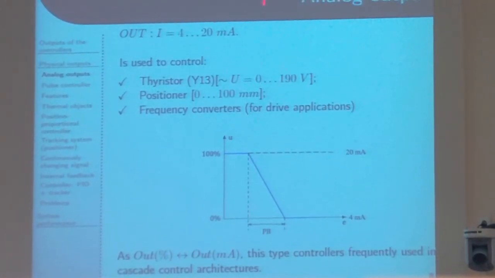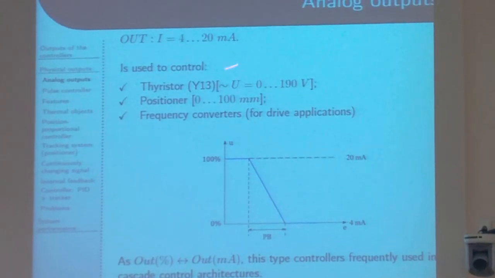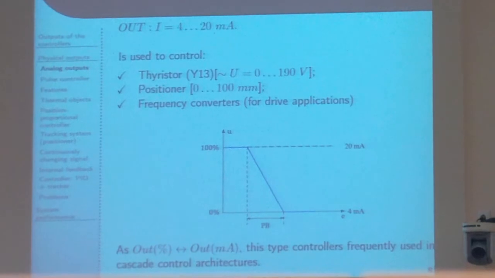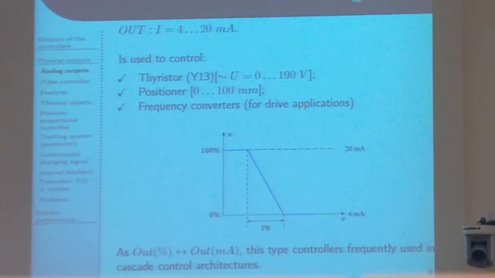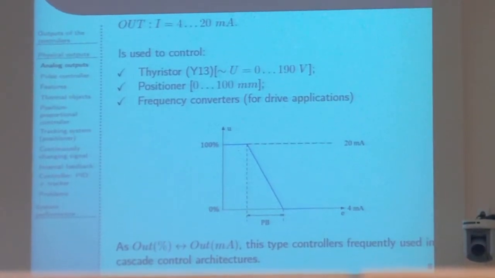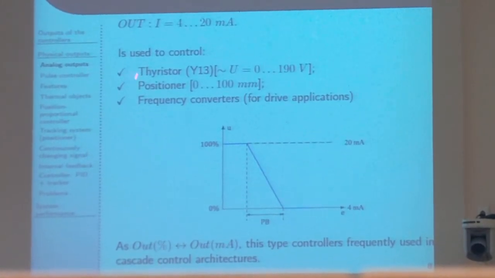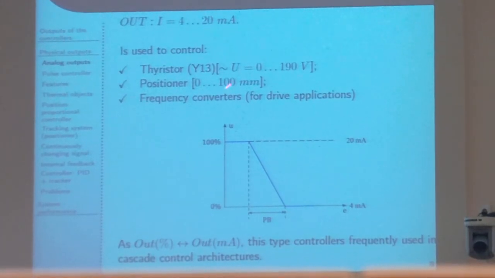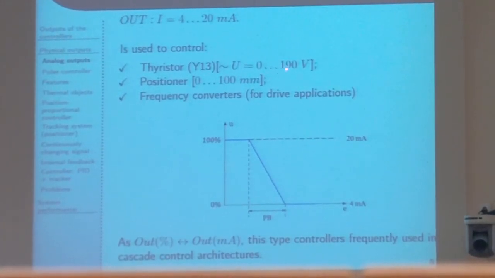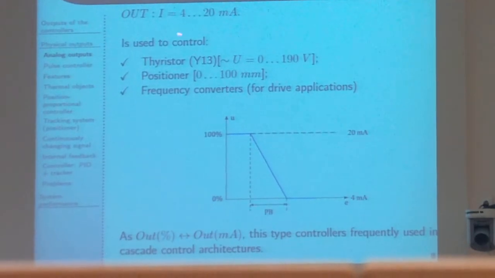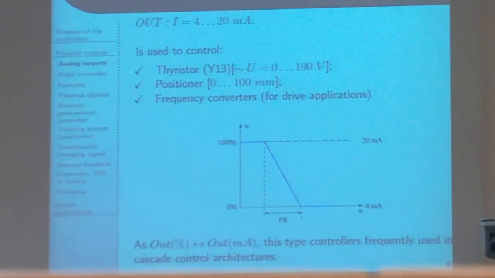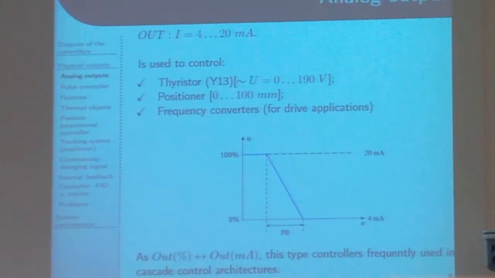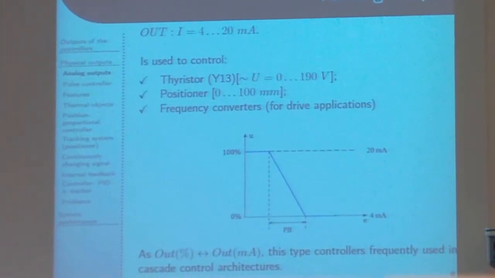In that case we can use such an output to control different types of actuators. For example, in our laboratory we have a thyristor type Y30. Knowing the output of our controller, we can set different RMS values for the voltage from 0 to almost 200 volts.